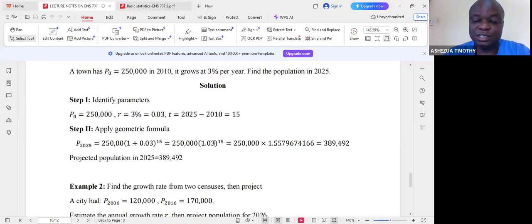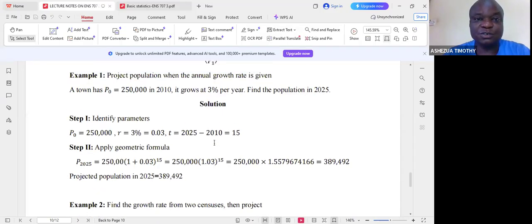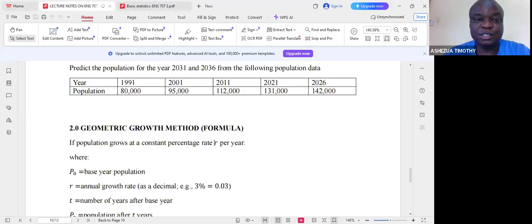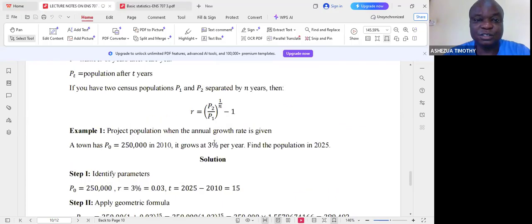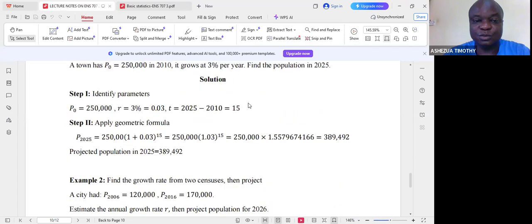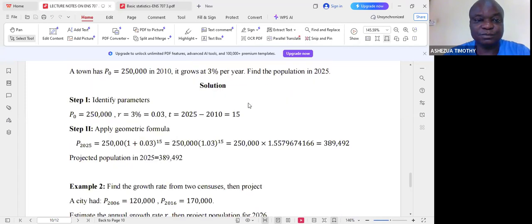The formula we're using for the geometric is here. We'll apply it: 250 into 1 plus 0.03 raised to the power 15.